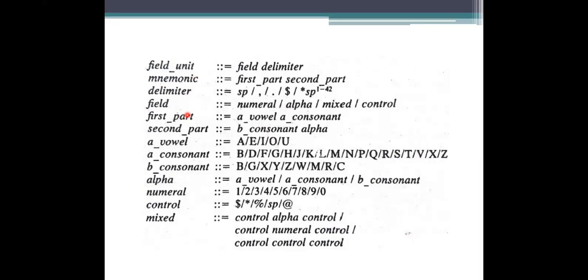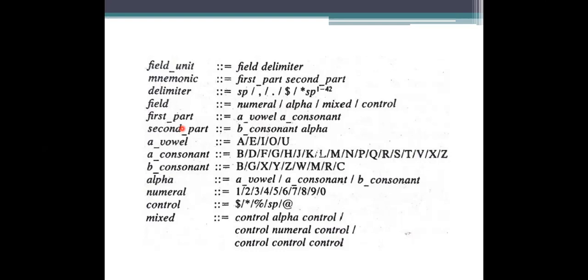But the second part has a consonant part, and the consonant is divided into A consonant and B consonant. So we have two consonant sets here, and the consonant ends with an alphabet. So vowels have been specified, and A consonant and B consonant have been divided there. Some elements, if you see B, M, R, and then Z, X, Y, Z, X, Z, these are all repeated.